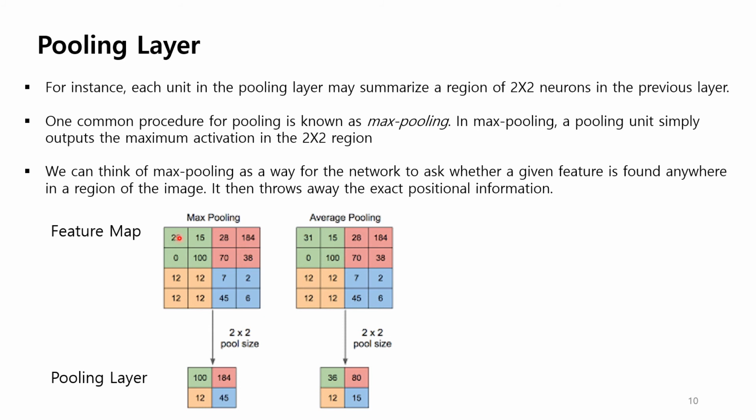That's what this value means. So, for example, the value is 184. And suppose this feature map is about finding horizontal lines, okay? Then this node has a very high output. That probably means this node is saying, I found a horizontal line in this area.